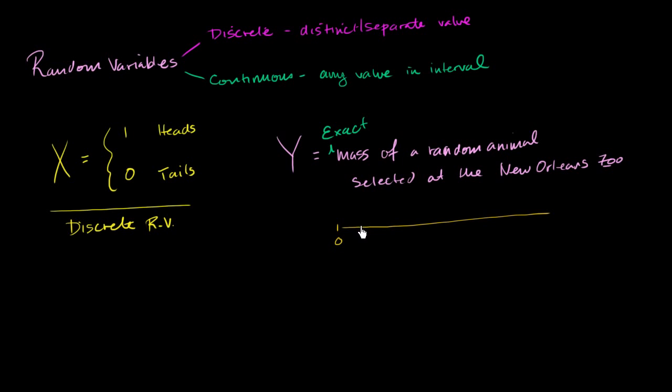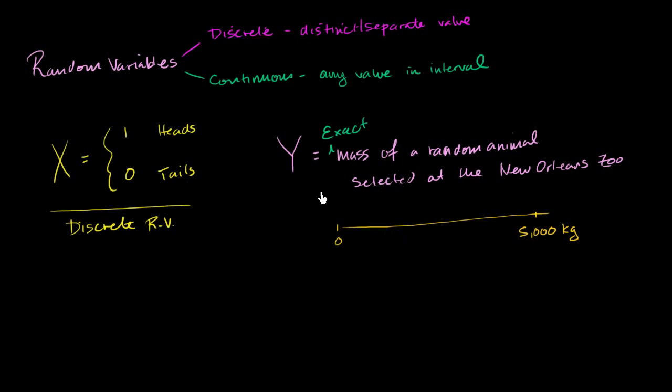I believe bacterium is the singular of bacteria. And it could go all the way, maybe the most massive animal in the zoo is the elephant of some kind, and I don't know what it would be in kilograms, but it would be fairly large. So maybe you can get up all the way to 3,000 kilograms or probably larger, say 5,000 kilograms. I don't know what the mass of a very massive elephant actually is. Maybe something fun for you to look at.